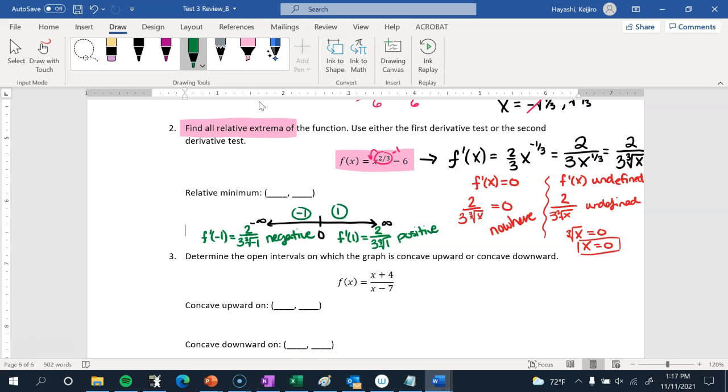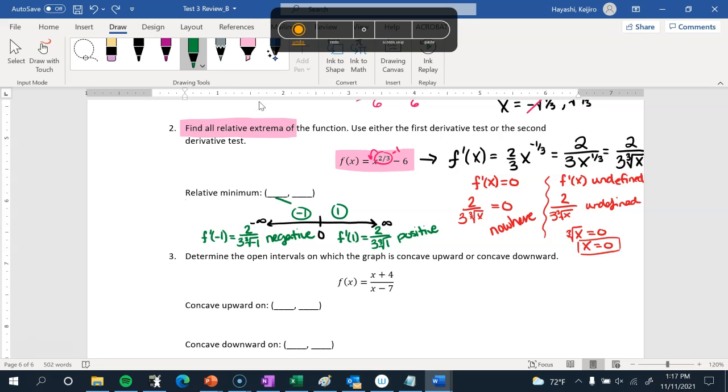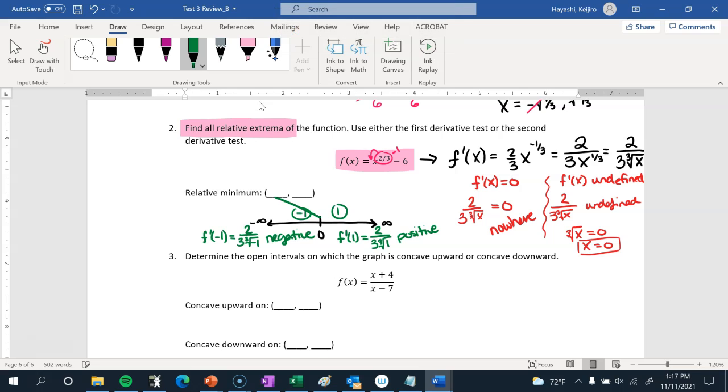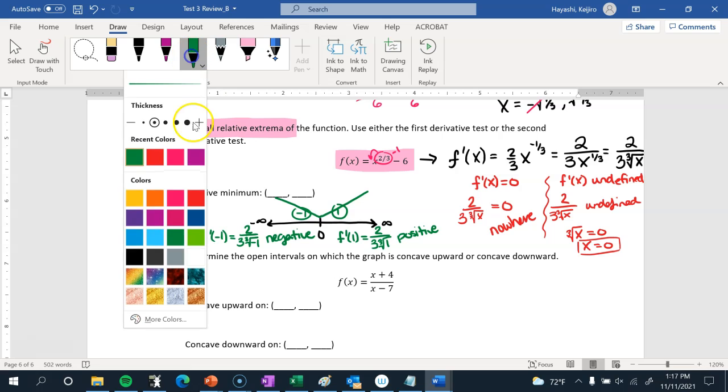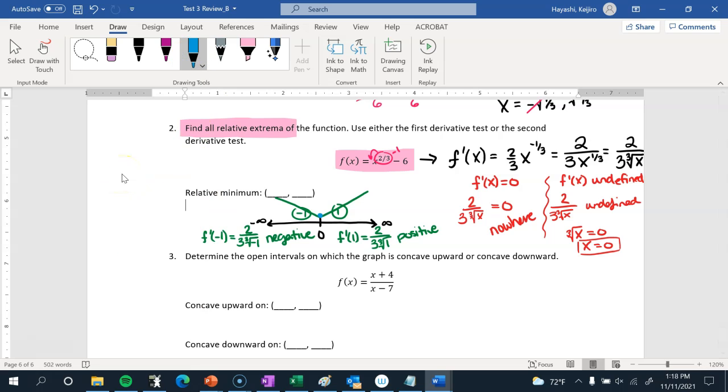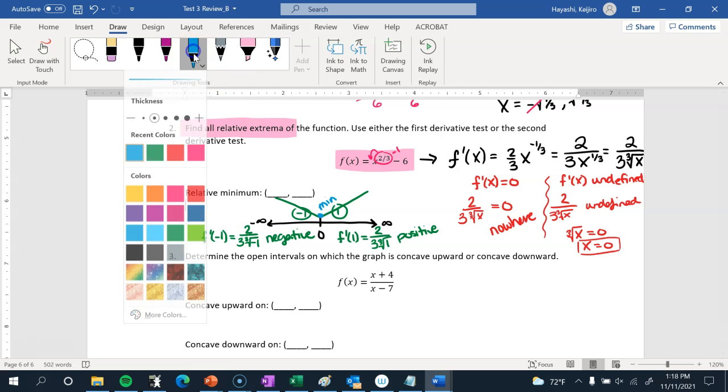The fact that it's negative on the left means the function is decreasing on the left and increasing on the right. So it looks like a minimum exists right here. This is a minimum. Of course, you could have guessed that, since there was only a minimum and your only critical value was 0. But so at 0, you've got this minimum.